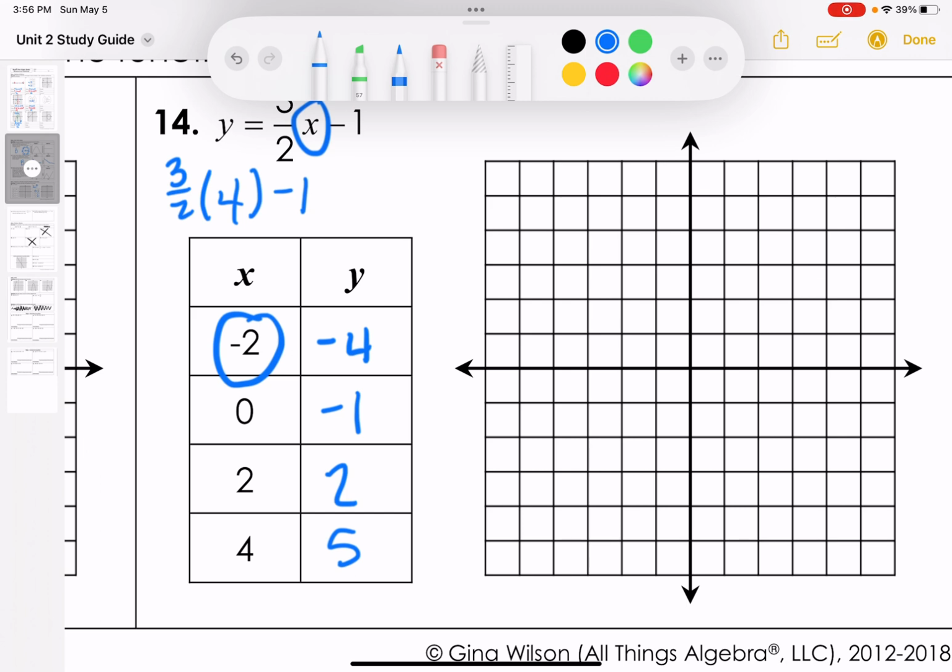So now that we have our XY table, we can plot these points on the graph. So -2, -4. I'm going to go left 2, down 4. 0, -1. I'm going to go down 1. 2, 2, over 2, up 2.